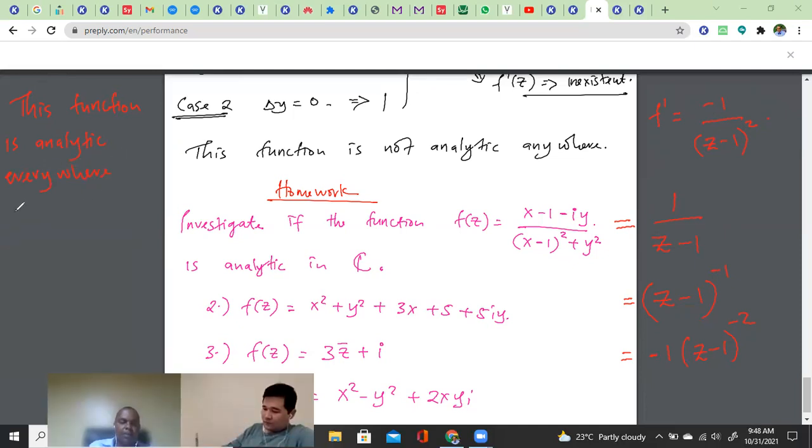It's analytic everywhere apart from the point z naught equals 1. It's not analytic at the point z naught equals 1.